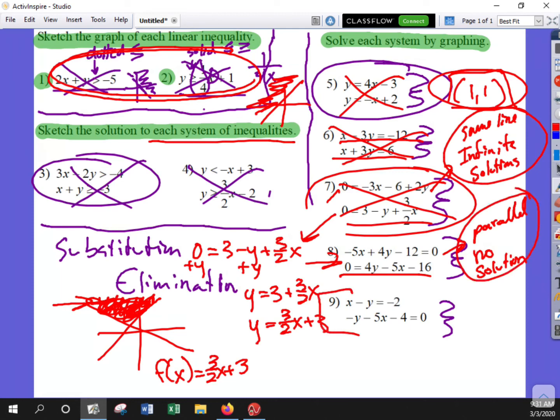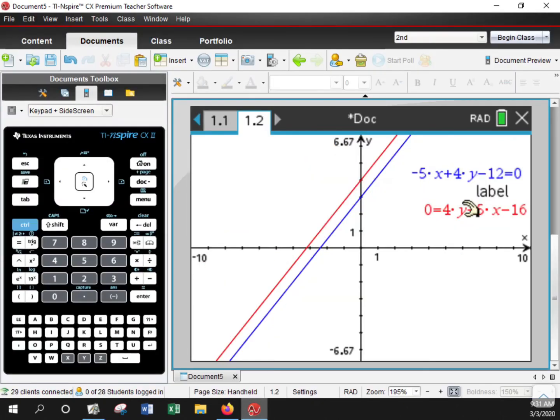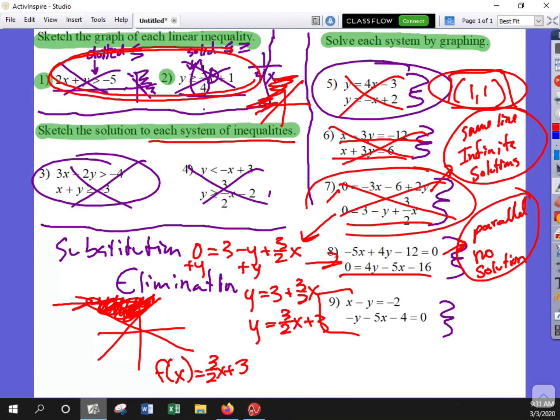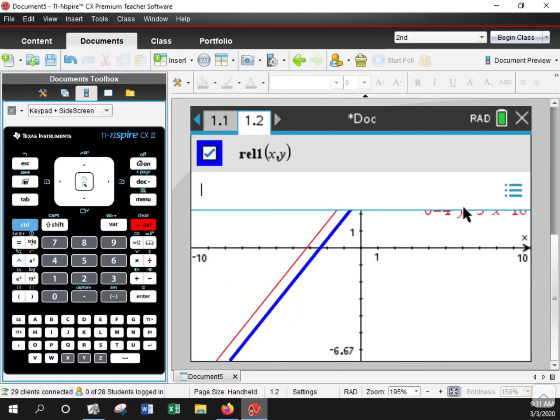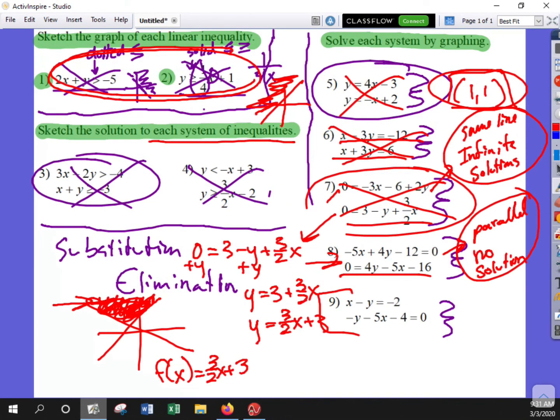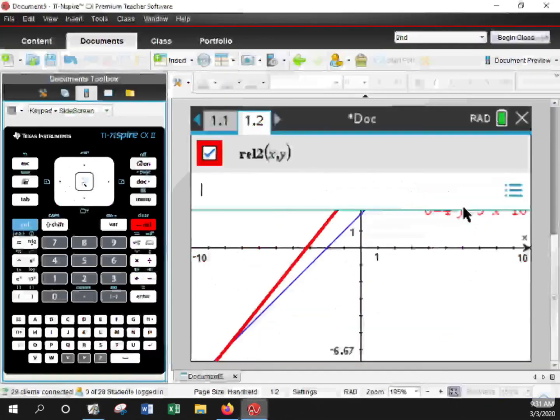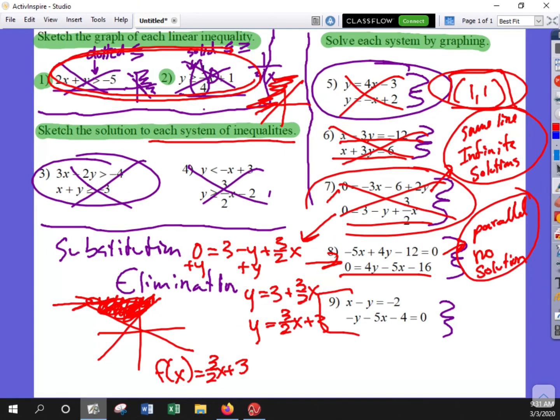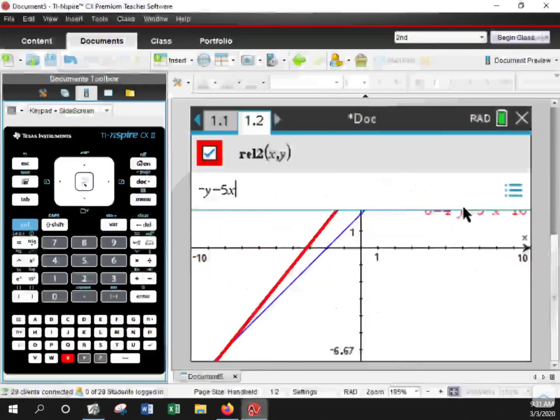Now, let's take a look at this last one. I can hit Control G, go up here, erase the 1, and do x minus y equals negative 2. Press down, swap this one out, and we get negative y minus 5x minus 4 equals 0.